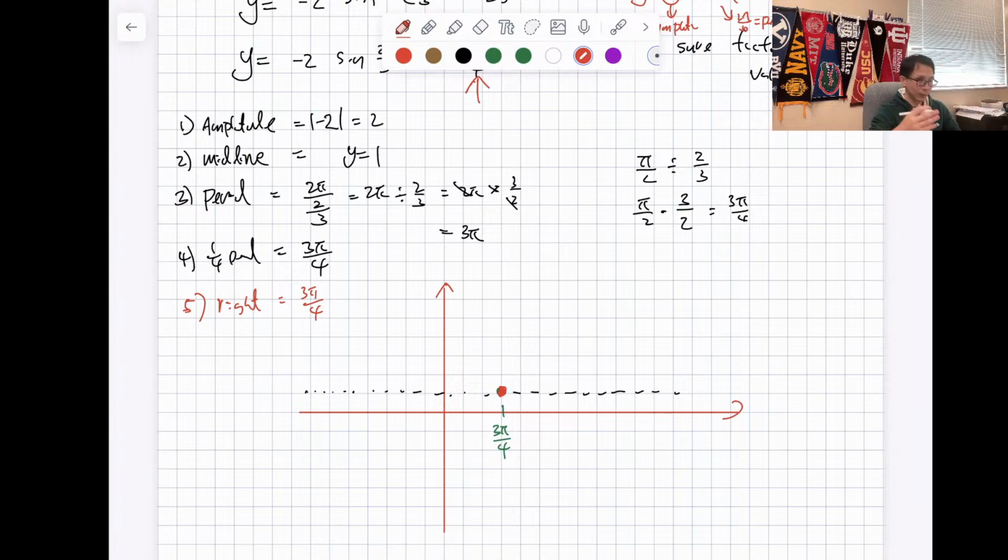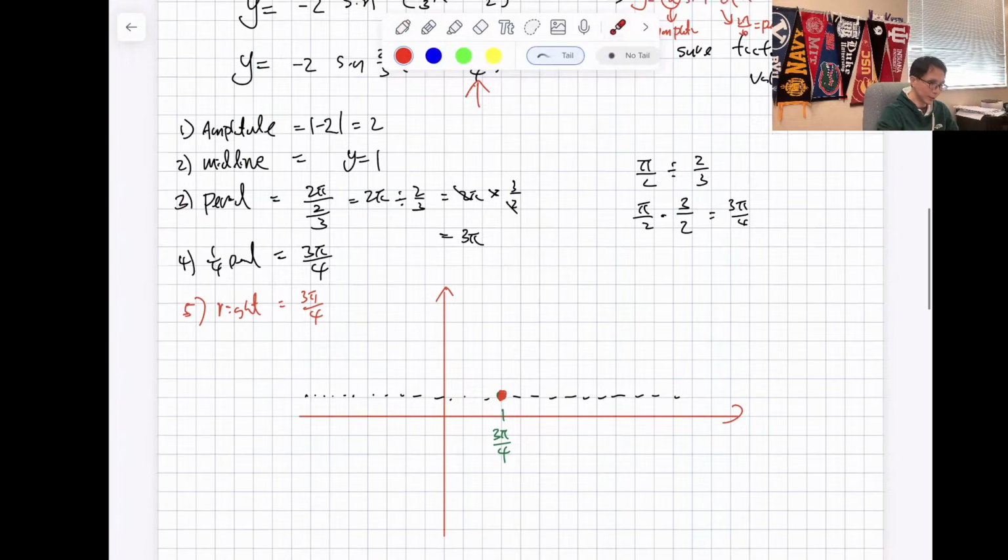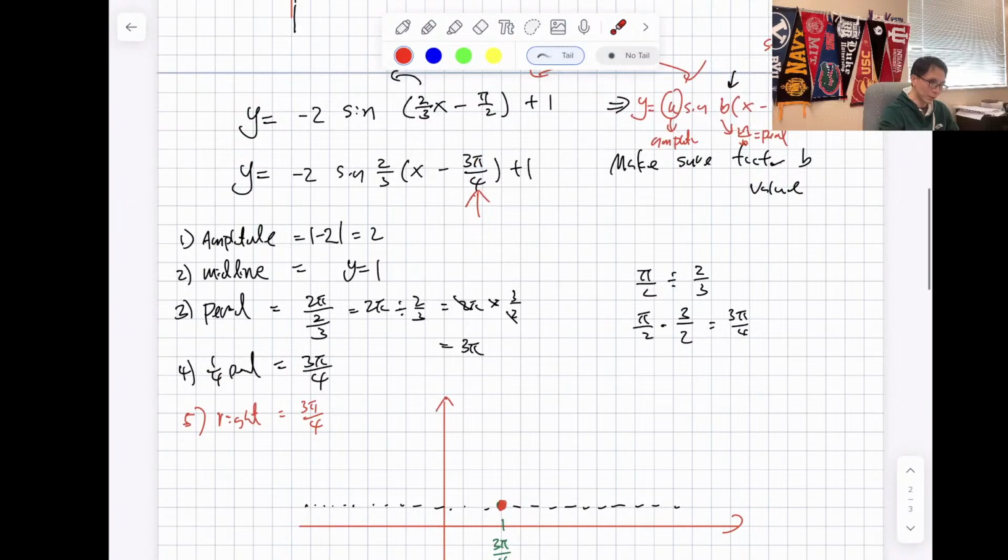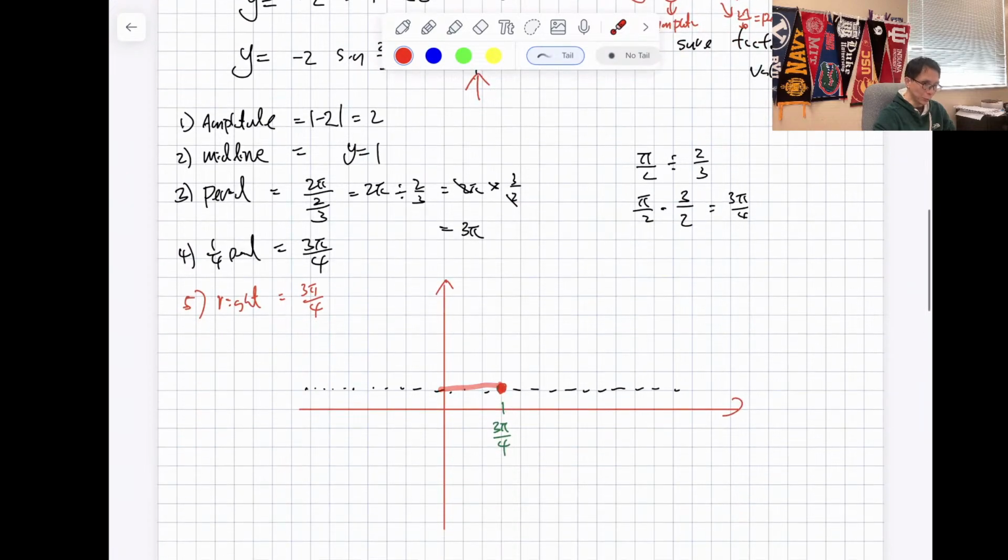So Liliana, while you were in the bathroom, we figured out what this is. This is the C value, which is inside the parenthesis, it's a negative sign, that means going to the right. So it's right 3 pi over 4. So we're going to go right 3 pi over 4, start here. Usually we will start right here, but the midline is at 1, so we start at 1. So this is my first point.